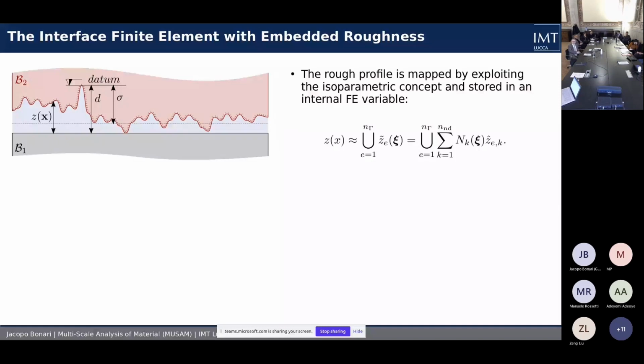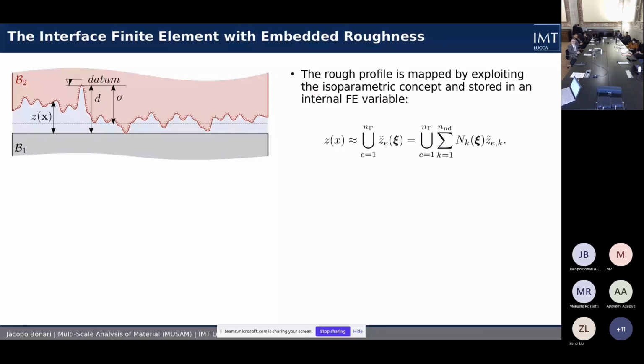On the other hand, we can consider the other body in contact, B1, to be characterized by some degree of smoothness. In such a way, we can define a function z of x, which maps the original exact height profile of the rough surface and stores it into an appropriate variable.